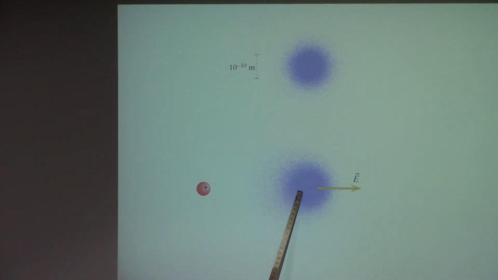What it's going to do is make the nucleus move. The nucleus is quite massive compared to the electron, right? We've got a factor of 1,000 in mass here. So the nucleus might move a little this way, but the electron cloud definitely is going to distort and shift this way toward this positive charge.